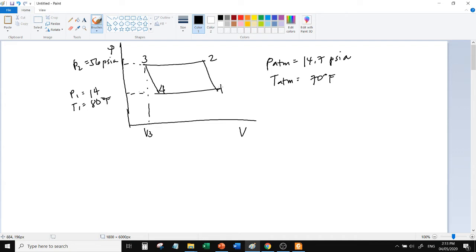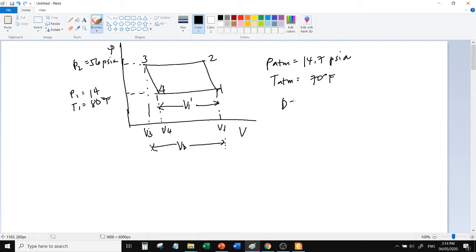And we have V1, V4, what else? V1 prime. Ito naman, this is our VD, or displacement volume.